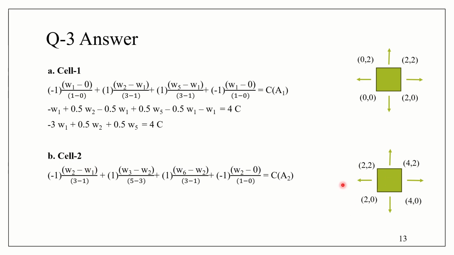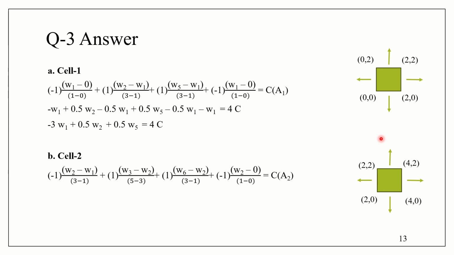In this direction, it is W3 minus W2, where the centroid is 3 here and 5 there, so 5 minus 3.